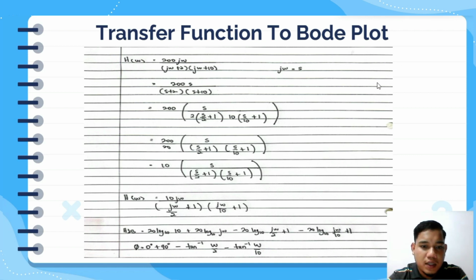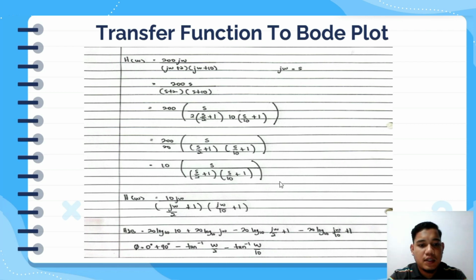After factorizing, you get H(ω) equals 10jω divided by (jω/2 + 1)(jω/10 + 1).